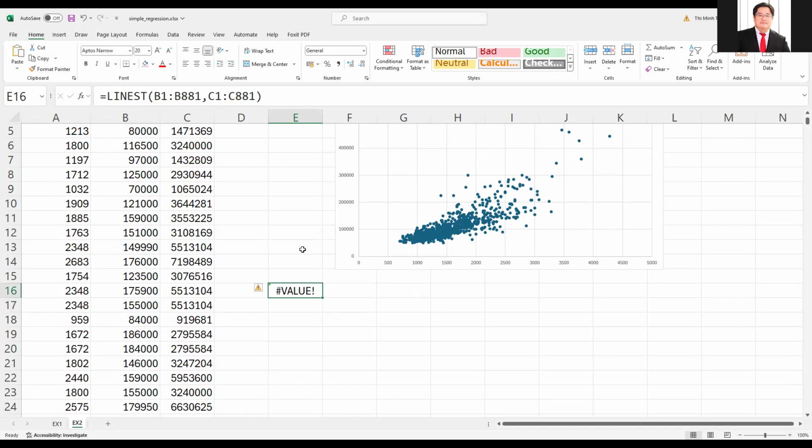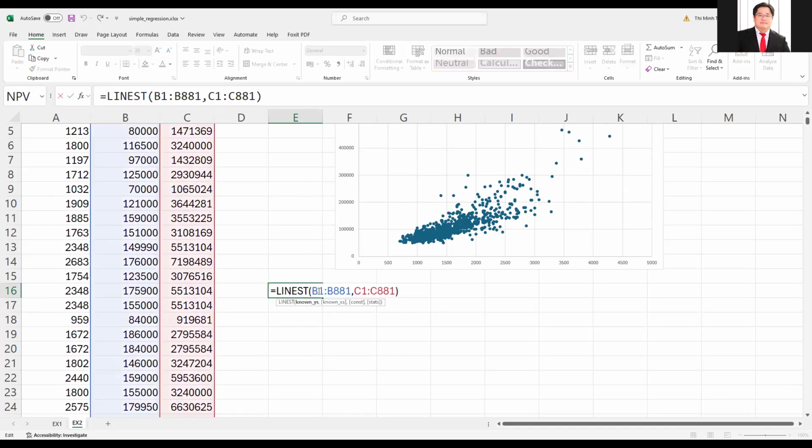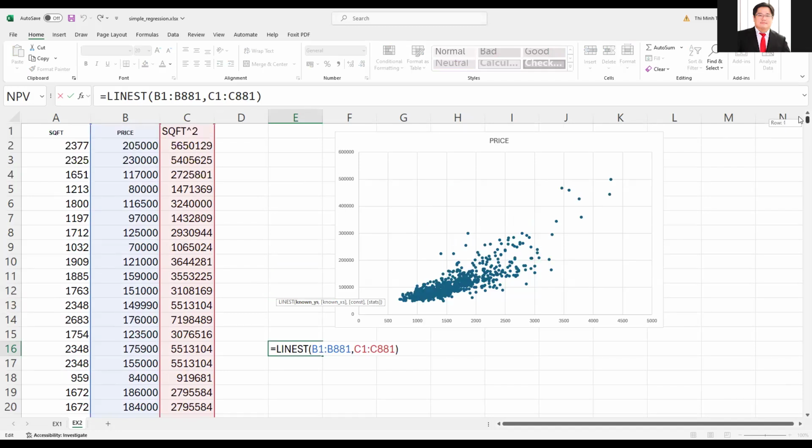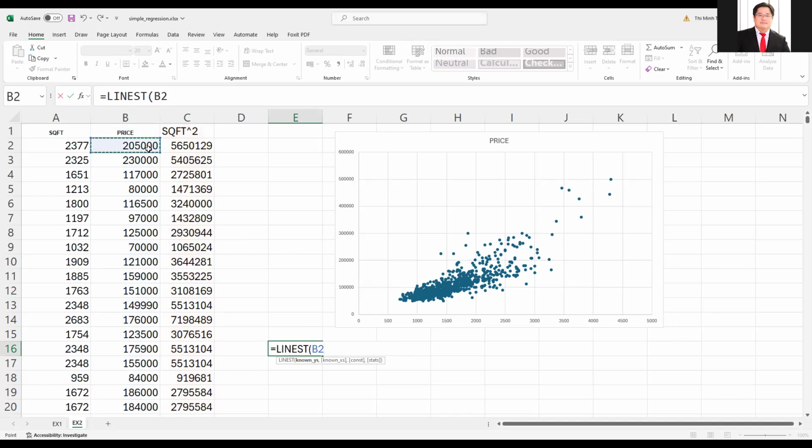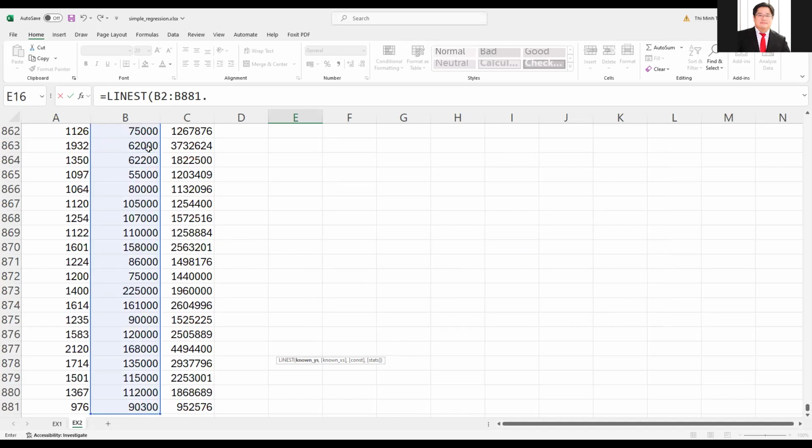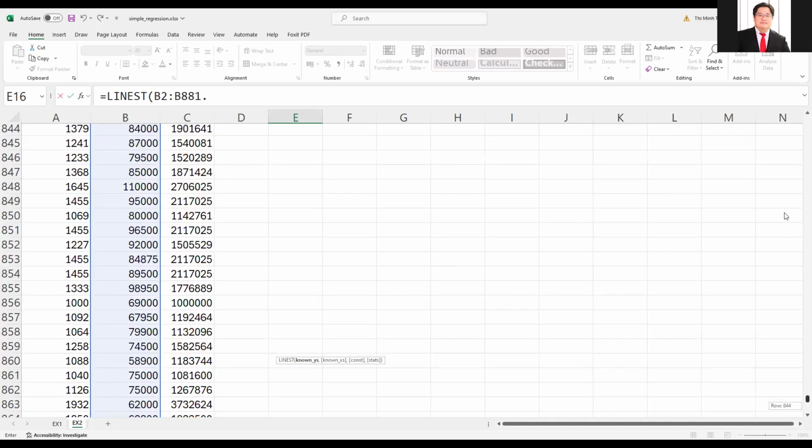One more important thing that I forgot is that if you use this formula, we do not choose the name of the variable. So we must start at B2 instead. Good. So B2, Control Shift Down.